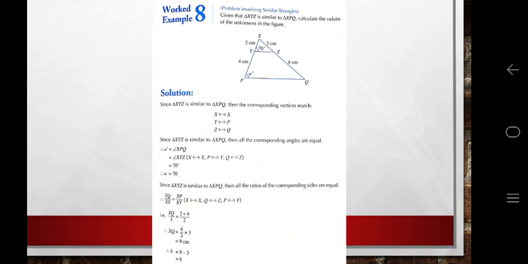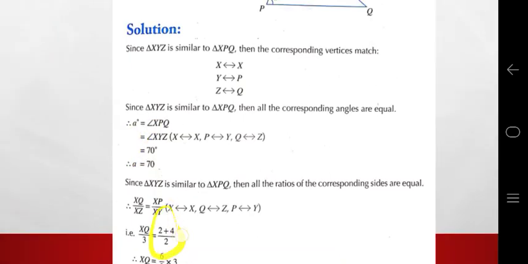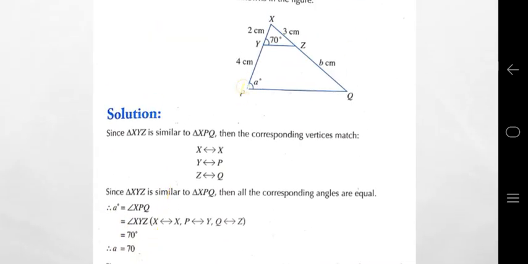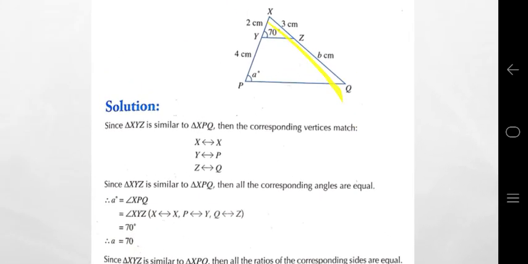Okay, let's take a look at how the textbook did it. They compare big over small. See, for this one, 2 plus 4 over 2 is 6 over 2, big over small. That means this one is also big over small.